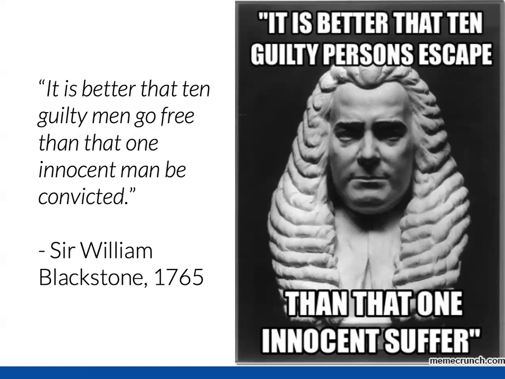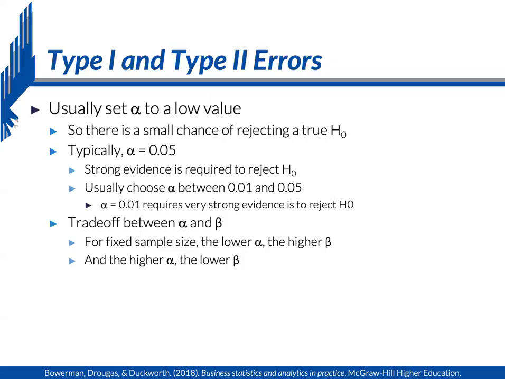So again, this indirectly states that committing 10 type 2 errors is still preferred compared to committing one type 1 error, which again reflects the common sentiment, the widely accepted notion that the type 1 error is more costly and should be avoided more compared to a type 2 error.